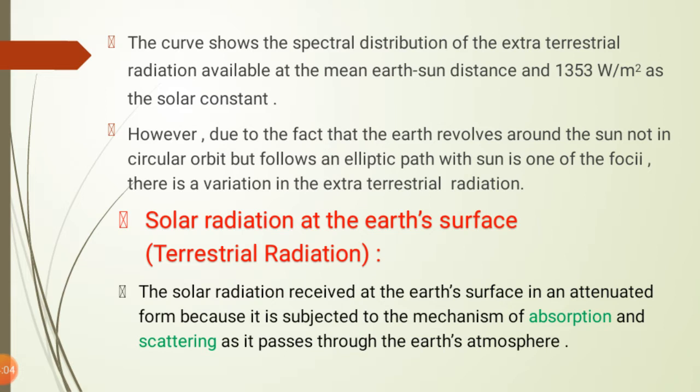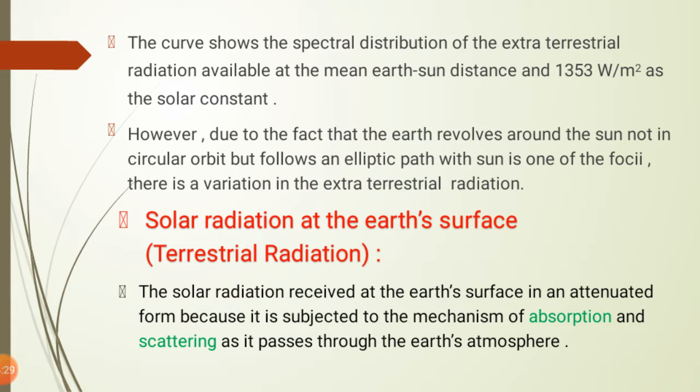So there is a season-wise variation in extraterrestrial radiation due to the revolution of the Earth around the Sun, which follows the elliptic path. Now this is all about the solar radiation outside the Earth atmosphere.